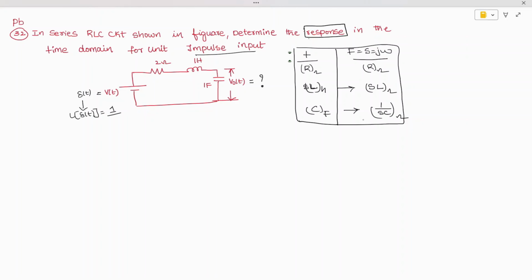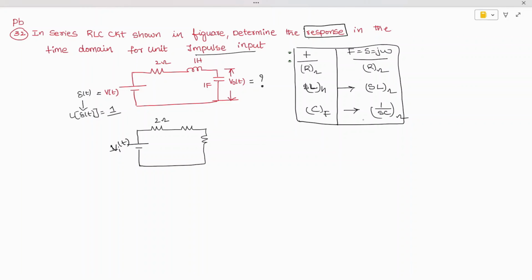Now let us redraw the network. Here we are going to have a resistor, and after conversion this also will be a resistor, and this also will be a resistor. The Laplace transform value is 1, and let us directly write this as V input of t. Later we will convert.